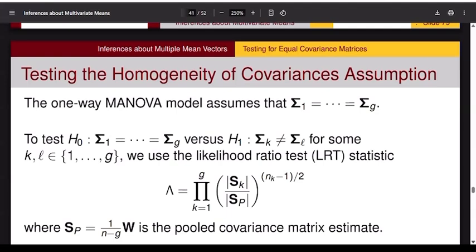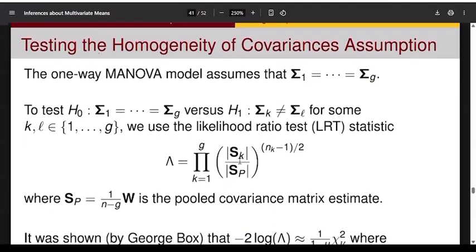Now, can I explain this one here? What is S_k? You're actually going to see I'm finding the determinant of S_k. I'm also finding the determinant of S_p. The two of them are sample covariances. But how am I going to get S_p? How am I going to get S_k?